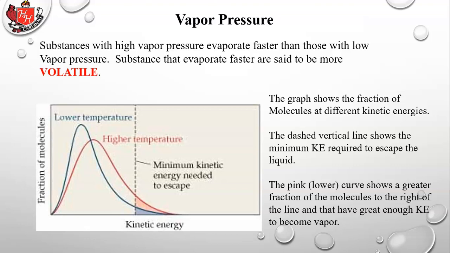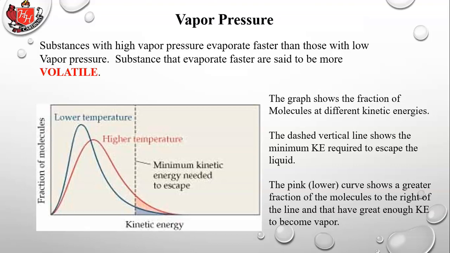So the pink lower curve shows a greater fraction of molecules to the right of the line that have enough kinetic energy to become vapor. So the red line is at higher temperature. The blue line is at lower temperature. So at lower temperature, fewer of the molecules, or a lower percentage or fraction of the molecules, can get to the right of that dashed line.